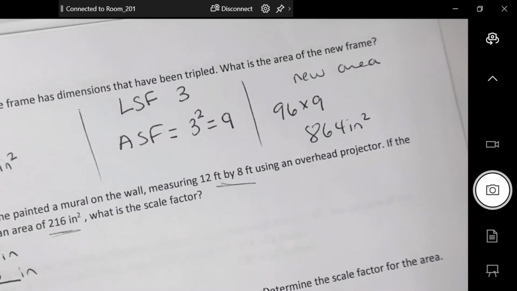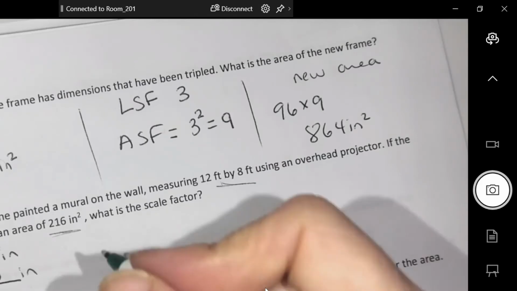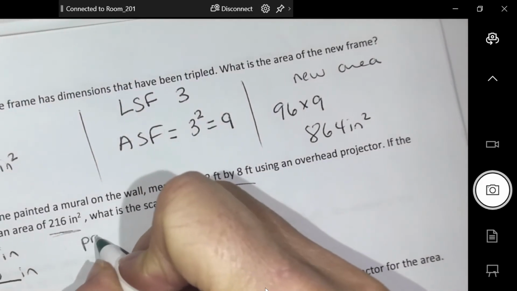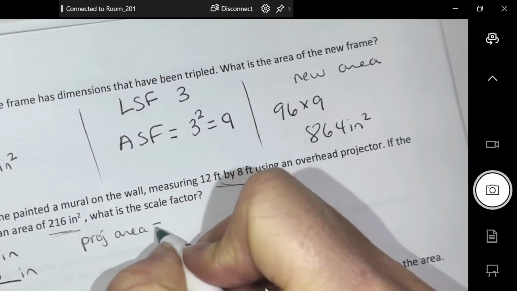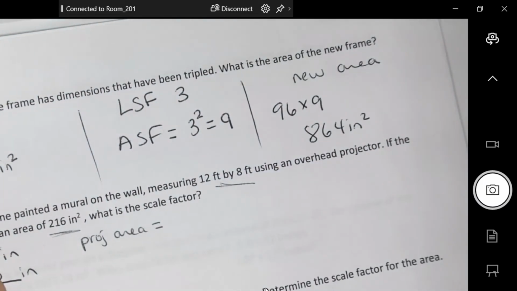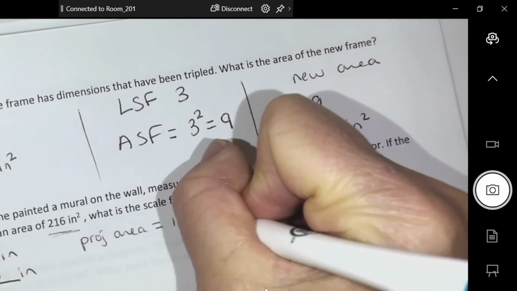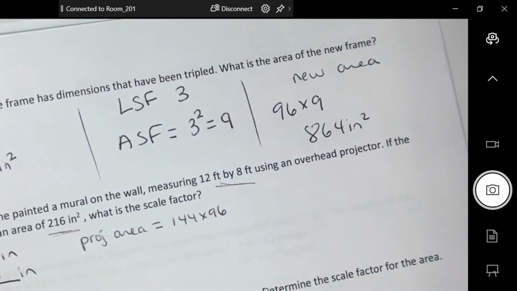So I'm going to do the area on the wall projection. Projection area equals, I'm going to do 144 times the 96 because I'm working with inches.